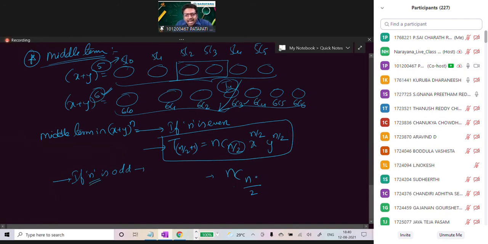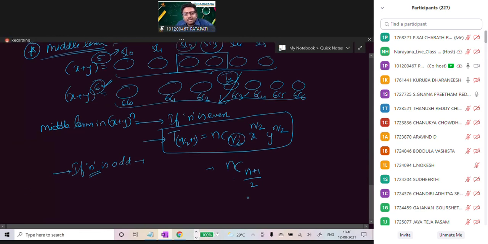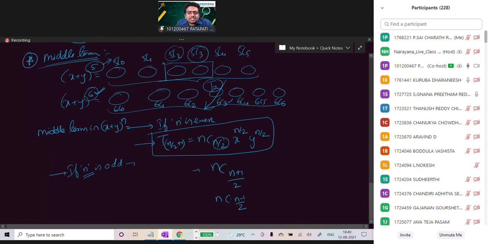So I will add 1 by 2. So what comes? (5 plus 1) by 2 is this one, right? And how do you get the 5C2 term? It is nC (n minus 1) by 2. So this 2 is (5 minus 1) by 2, and this 3 is 5C (5 plus 1) by 2. You see?